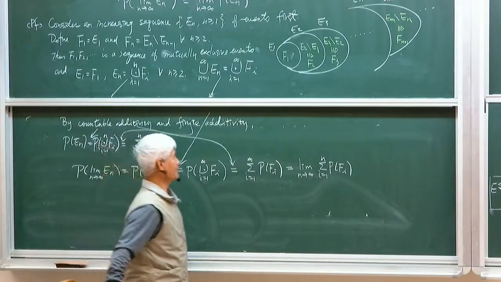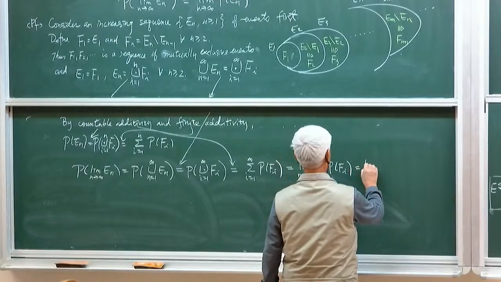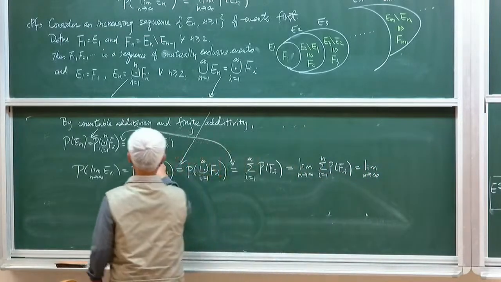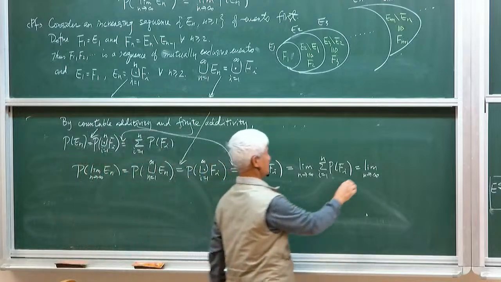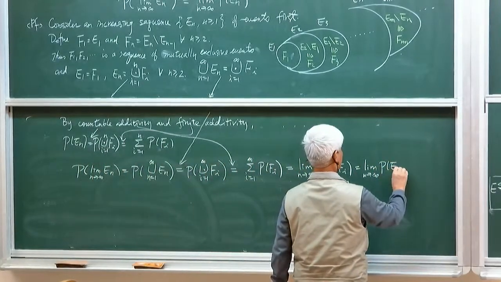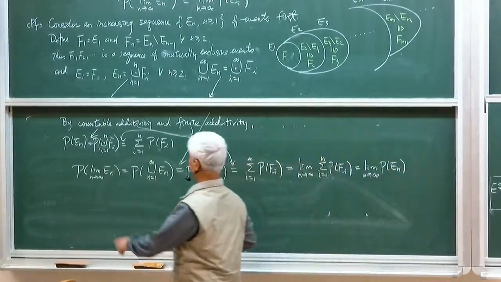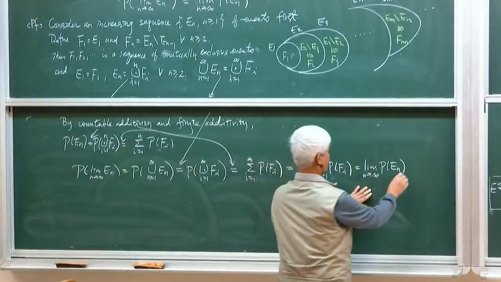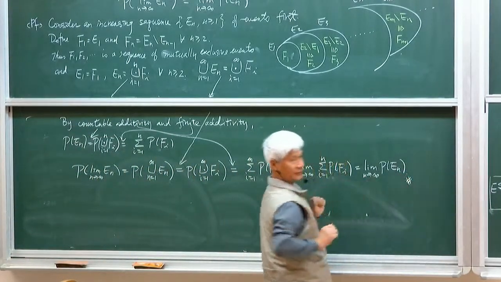Okay, good. And this is the limit of the sum of P(Fi), which is equal to P(En). Okay, so from here we reach there, and this is the end of proof.